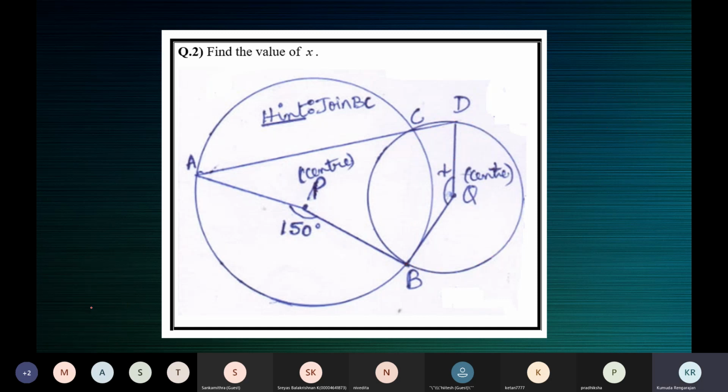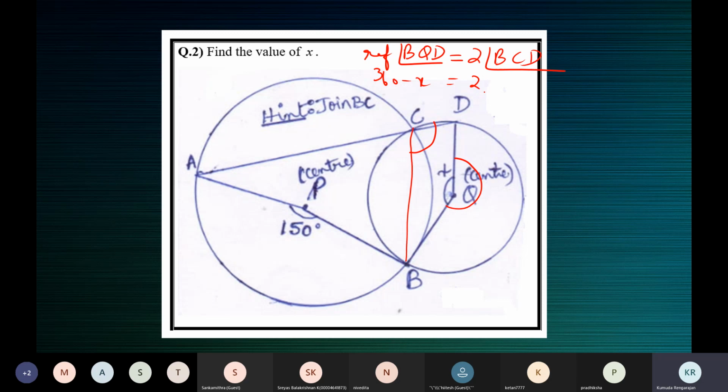See, I'm writing the relation. What is the relation? Reflex of angle BQD, the angle at the center, is equal to twice angle BCD. This is the rule. Now, what is reflex of angle BQD? It's 360 minus X, equal to twice angle BCD.